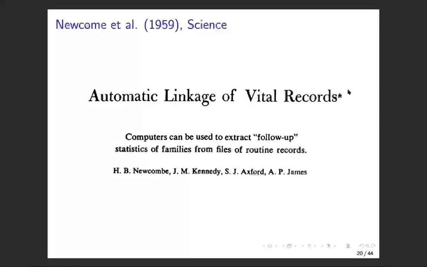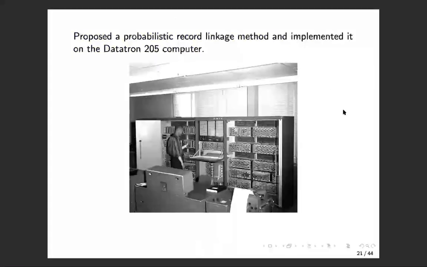This paper led to a paper written in '59 in Science by Newcombe, Kennedy, Axford, and James. And this was one of the first really automated methods that was used by statisticians. And specifically, they were linking vital records here. They proposed a probabilistic record linkage method and implemented it on the state of the art at the time.